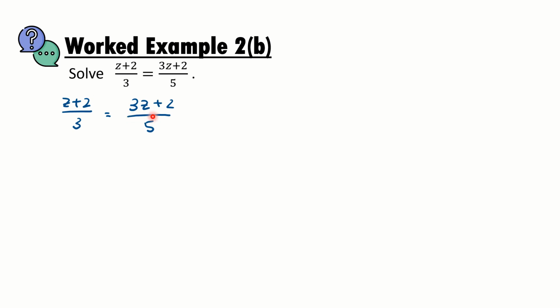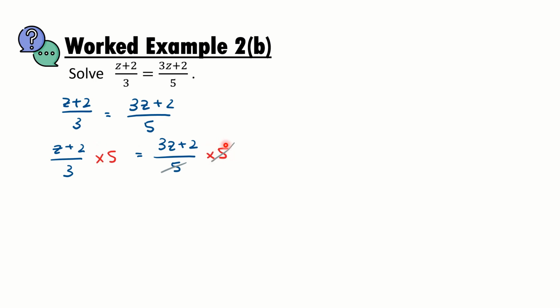So when dividing by 5, in bringing over to the left side, to neutralize the division of 5, we will usually multiply by 5 on the right side and multiply by 5 on the left side. So this is what I see on my next step of working, where I multiply by 5 and multiply by 5.